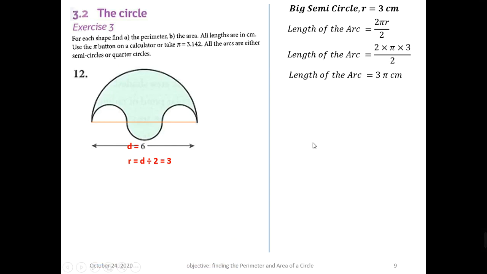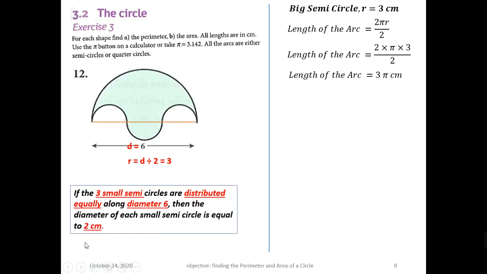Now, the small semicircles are distributed equally along the 6 centimeters. So the diameter of each small semicircle is actually 2 centimeters. If the 3 small semicircles are distributed equally along diameter 6, then the diameter of each small semicircle is equal to 2 centimeters.